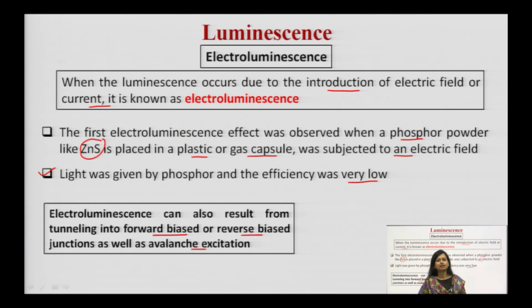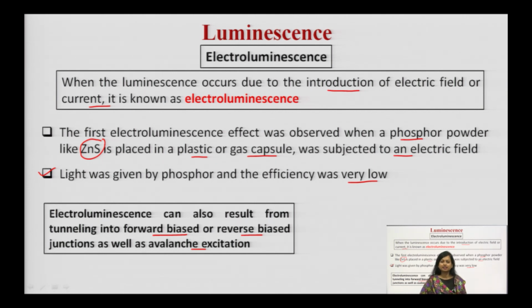You will be studying the forward and reverse biased behavior of the PN junction, what is avalanche, what is Zener. But you must remember here the excitation mechanism is because of the introduction of current and electric field. So this is how you can explain electroluminescence.